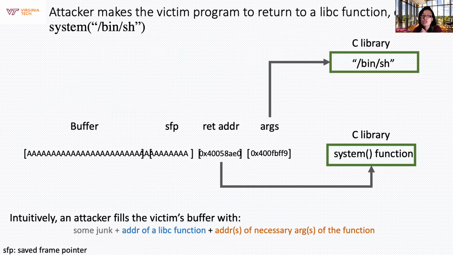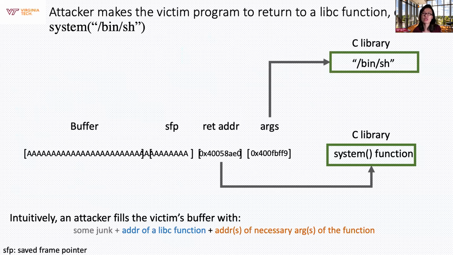And then the victim computer will naturally return to that C library function, meaning that we'll be able to go to that location and execute the instructions from there. No need to inject new code. The concept is very simple, and in reality there's some complication.